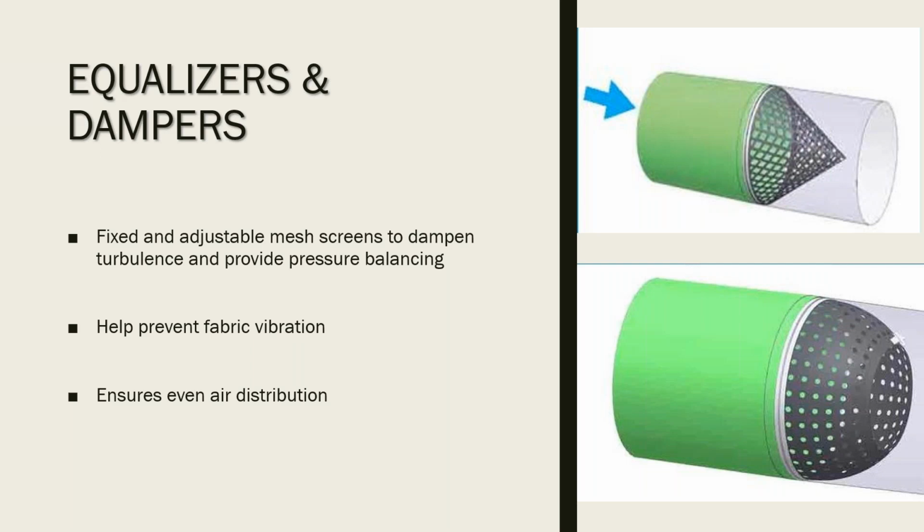There can be a little bit of air turbulence by the time it reaches the inlet of the fabric. So the way to straighten that out would be to use an equalizer, or you can choose to use a damper. Now the damper is adjustable.